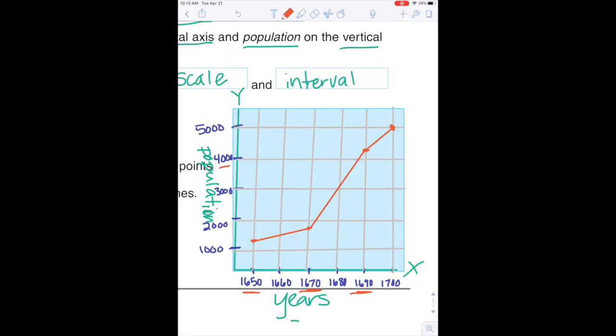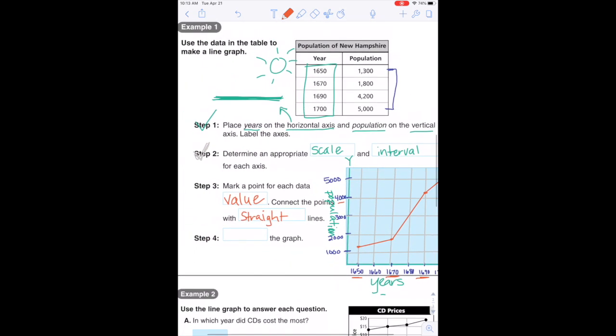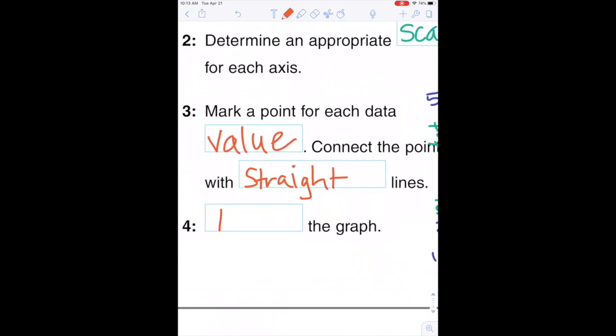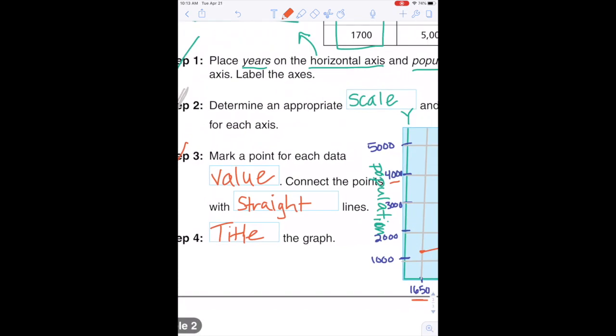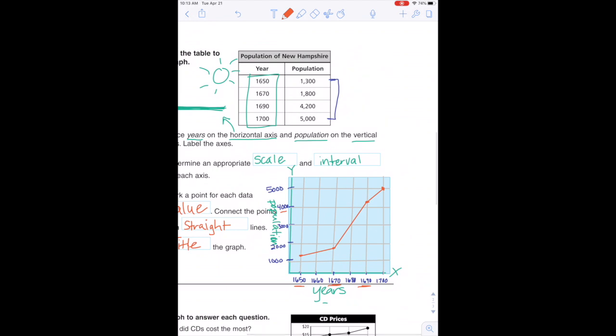The last thing we need that's not on here is step 4. So we finished step 3. Step 4, we need to title the graph. So usually you can just take the title that was already there and put it in.